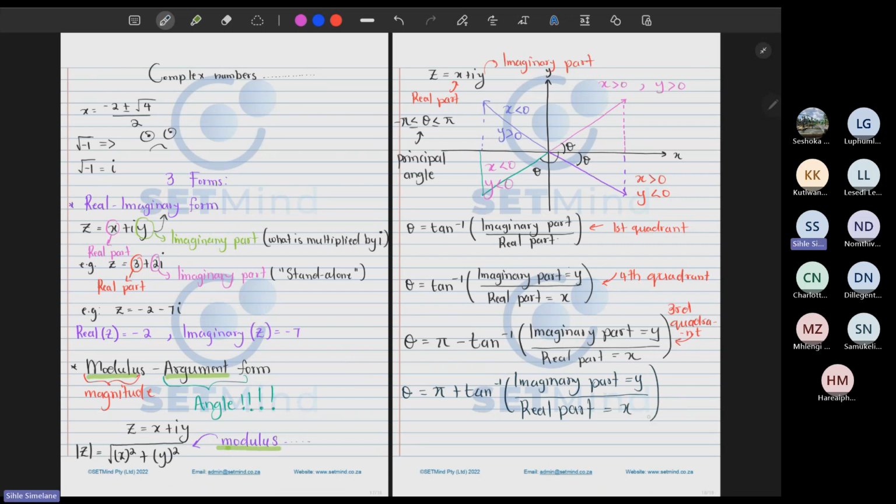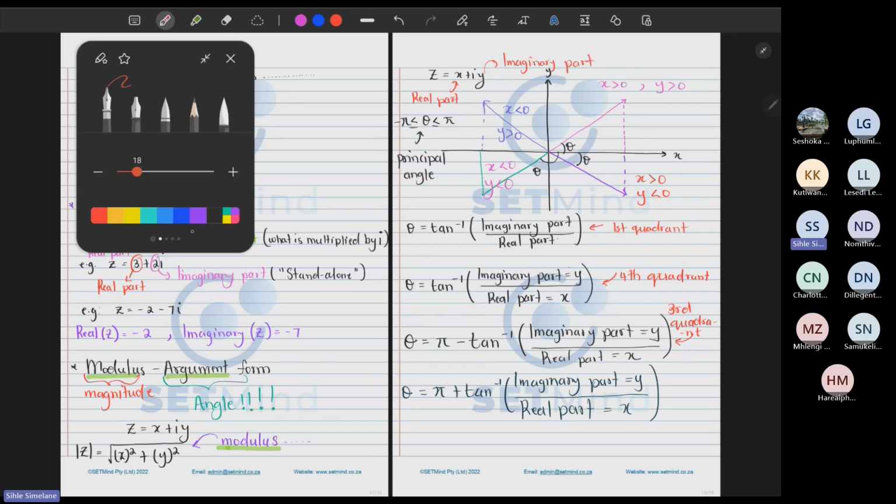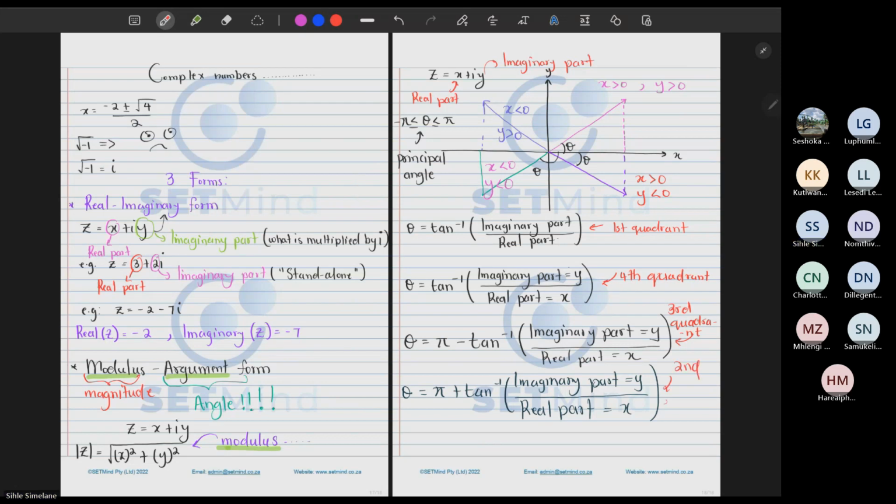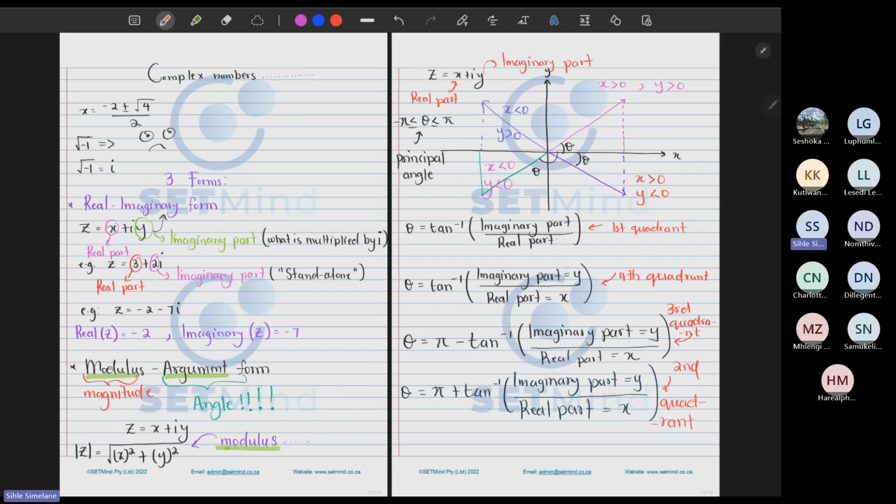Okay, very important. This would be the second quadrant. We are adding pi. So if you can memorize this, you are good to go.